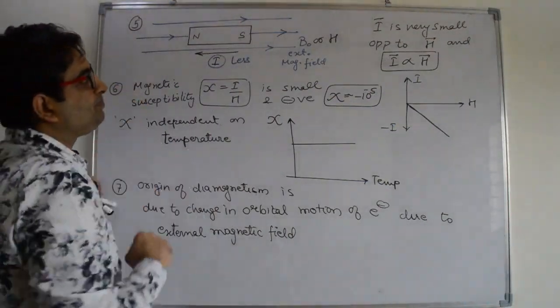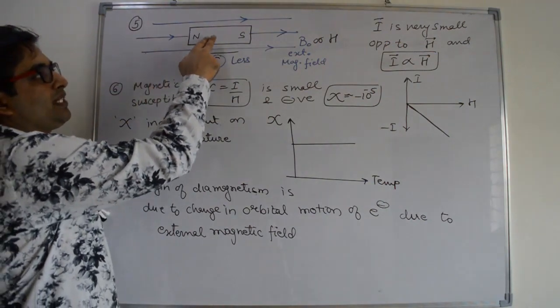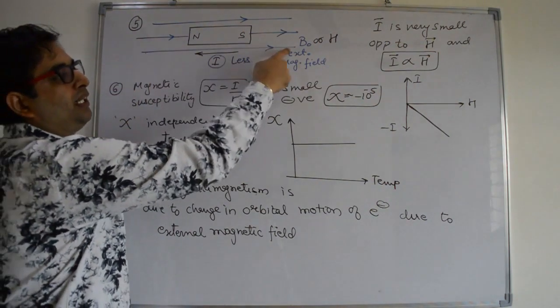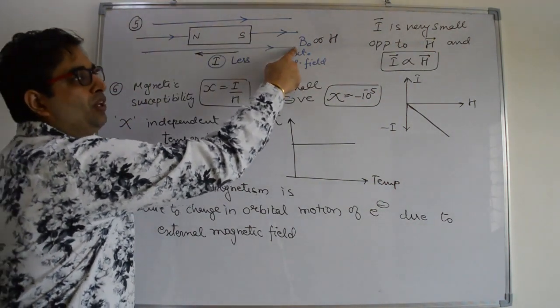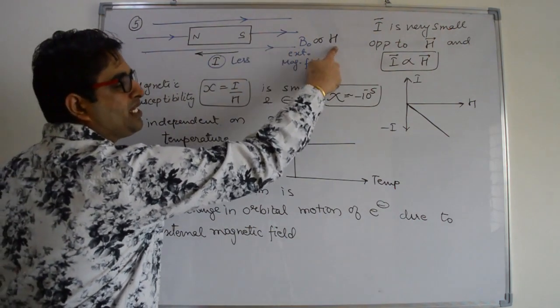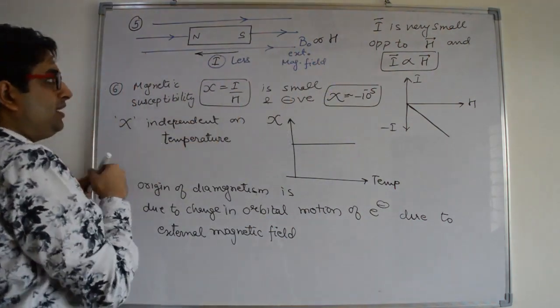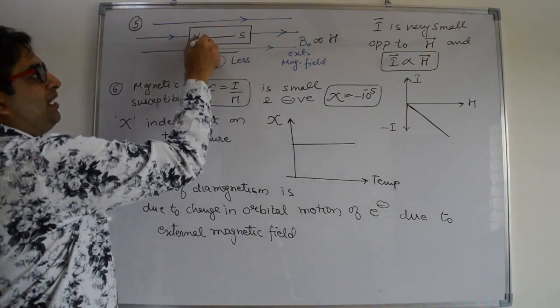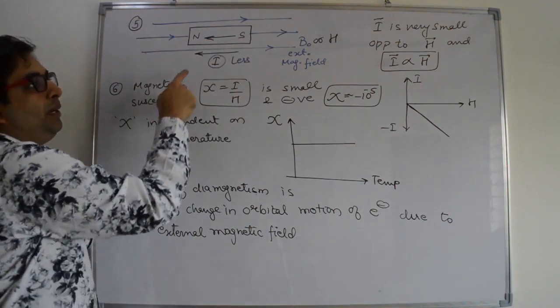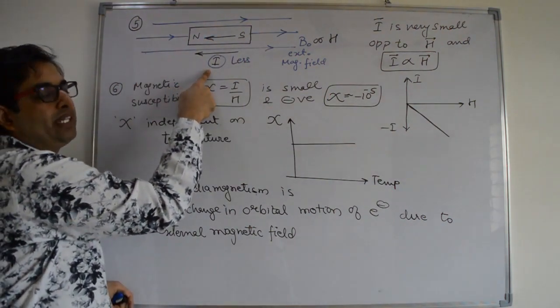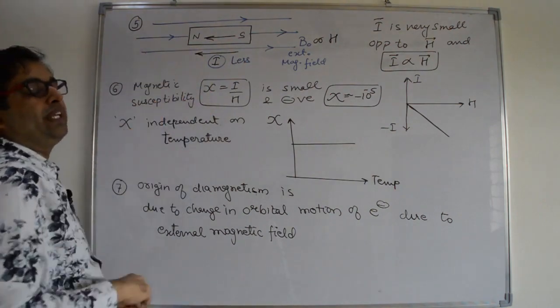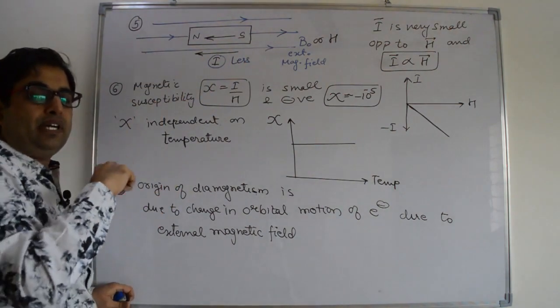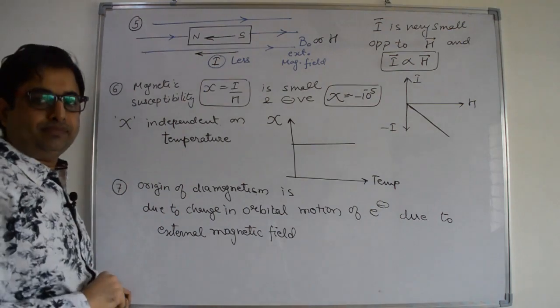Fifth property, when we place this type of material in an external magnetic field B0, or you can say magnetizing force H, then this material will magnetize in the opposite direction. But the intensity of magnetization of this type of material is very small. Remember, it is 2 into delta M. Right?